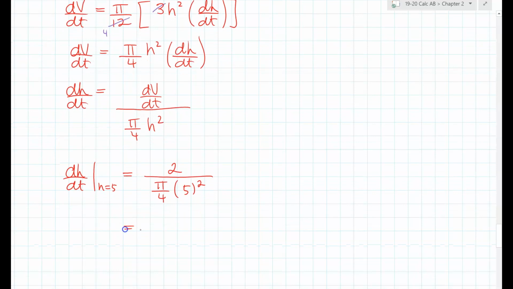So that's equal to 8 over 25 pi, because the denominator of 4 is going to shoot up. So that goes up to the top. So that's 8 over 25 pi. My units here for height, they said feet high, so it would be feet per minute.